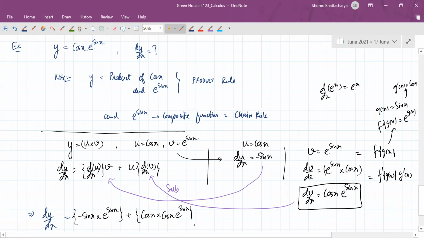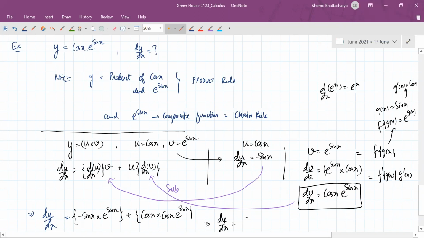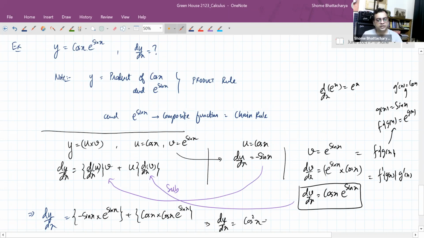And then we can take e raised power sin x common, and we can write this as cos square x minus sin x, whole thing multiplied with e raised power sin x.